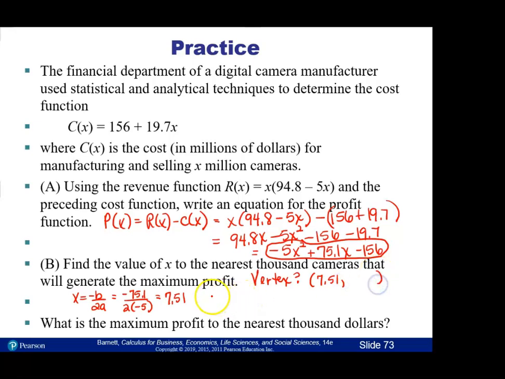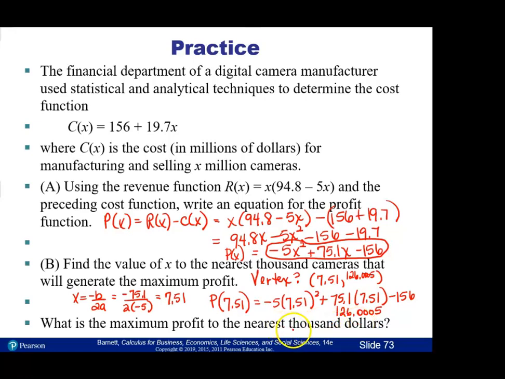And when I plug 7.51 into the profit equation, I'm going to get 126.0005. So keep in mind these are in millions as far as our answer. The question asks, what's the maximum profit to the nearest $1,000?